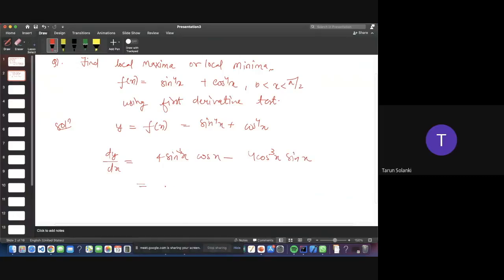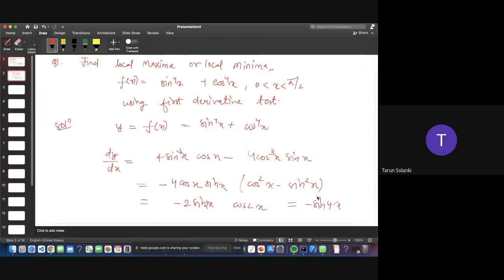So it will be minus 4 cos x sin x times (cos^2 x minus sin^2 x). So it will become minus 2 sin 2x cos 2x, so it will be minus sin 4x.